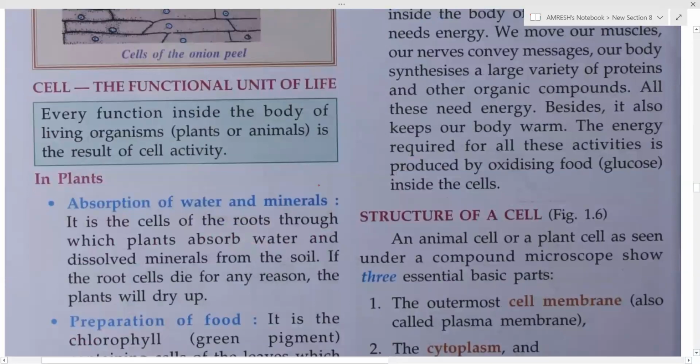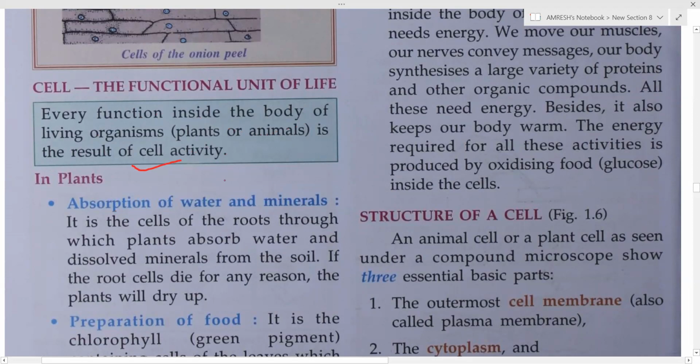See here, how the cell is the functional unit. Structural unit, I am sure that you have understood. I gave the example of the brain in the case of your nerve cell, and in the case of your kidney, we have nephrons. The cell is the functional unit of life. Every function inside the body of an organism is the result of cell activity.